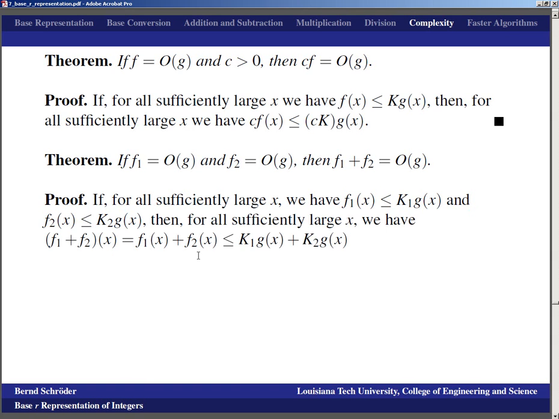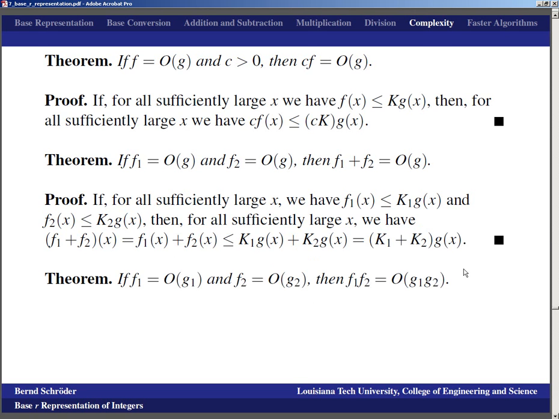Well, that's rather boring. That's less than or equal to k1 g of x plus k2 g of x, coming from the hypothesis here, and that's of course k1 plus k2, which is some number, times g of x, and so that also satisfies the definition of the left-hand side being capital O of g.